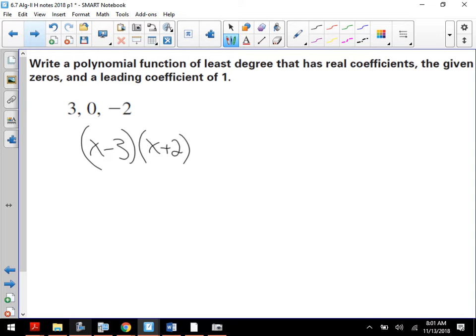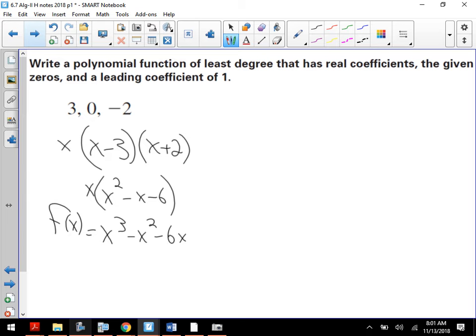X. I just put that up front. Okay. FOIL. X squared minus x minus 6. Distribute. And there's your function of least degree with the following zeros.